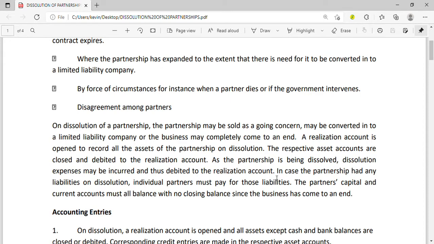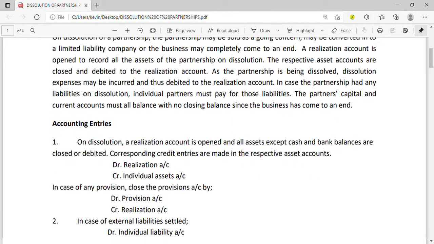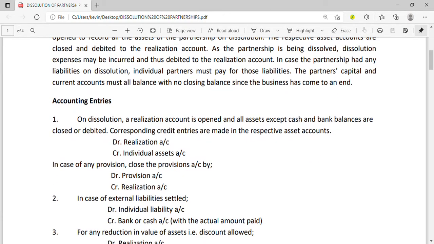Then, in case the partnership had any liabilities on dissolution, individual partners must pay for those liabilities. The partners' capital and current accounts must also balance with no closing balance since the business has to come to an end. Then let's look at the accounting entries on dissolution.